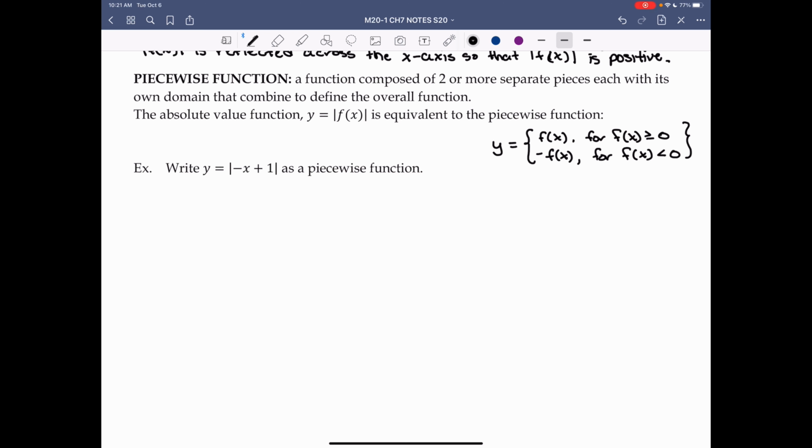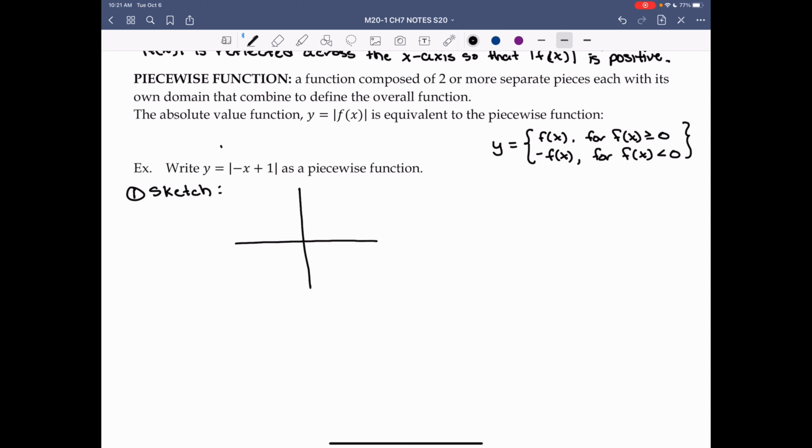Example, write y equals the absolute value of negative x plus 1 as a piecewise function. First thing we want to do is to draw a quick sketch. And you want to sketch starting with just the function inside.